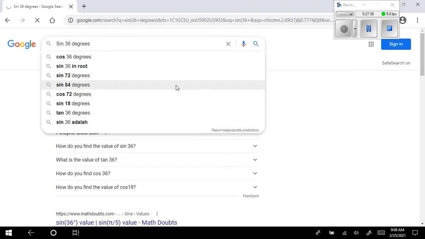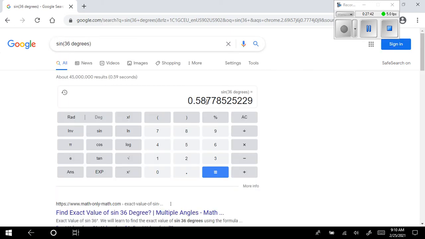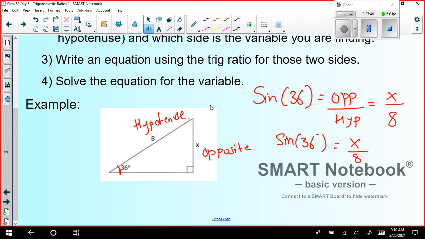It's going to be 0.588. So sine 36 degrees, if you use the calculator, will give us 0.588.